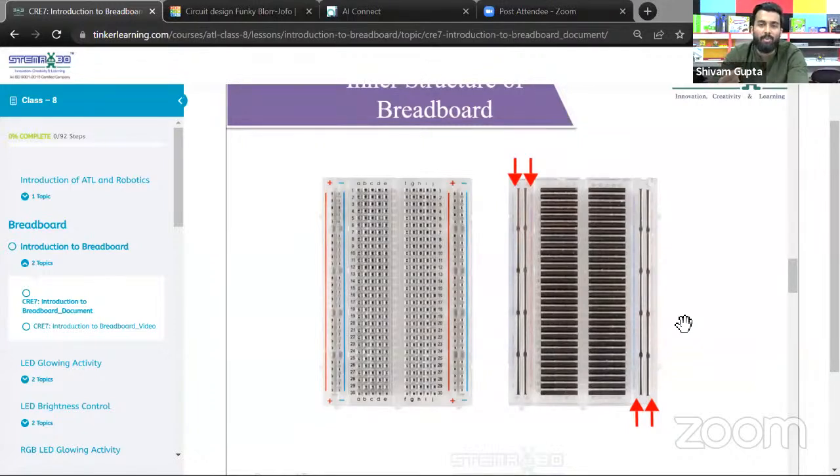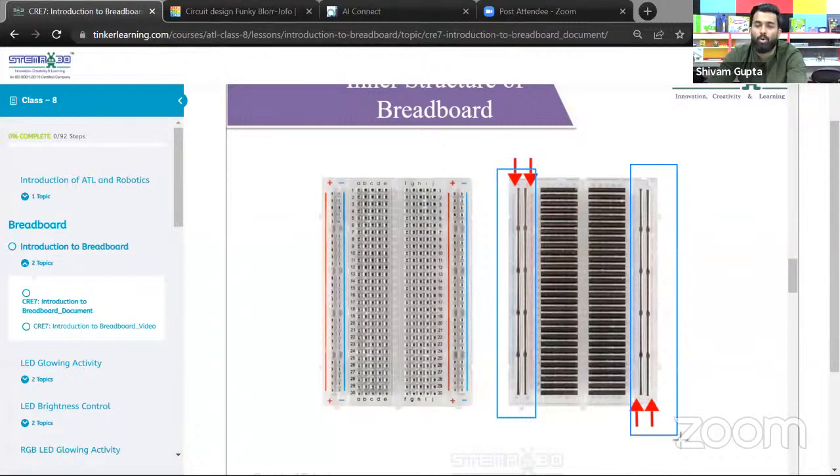So that, as I mentioned, that there are horizontal lines. So you can see here. Right, let me just make the box as well. So here you can see the horizontal lines that I was talking about. These are the horizontal lines, or you can say these are the wires, right?